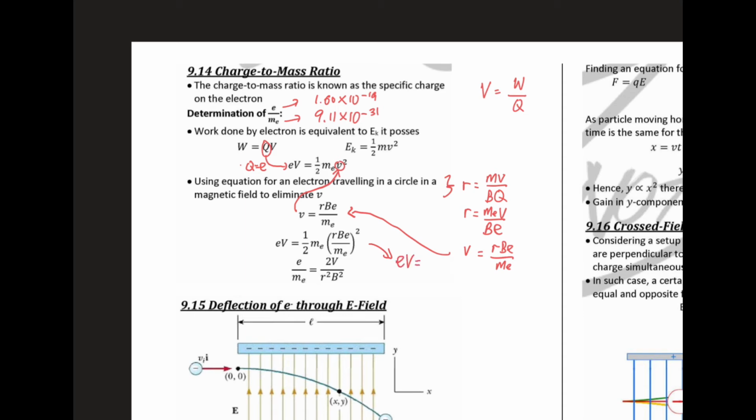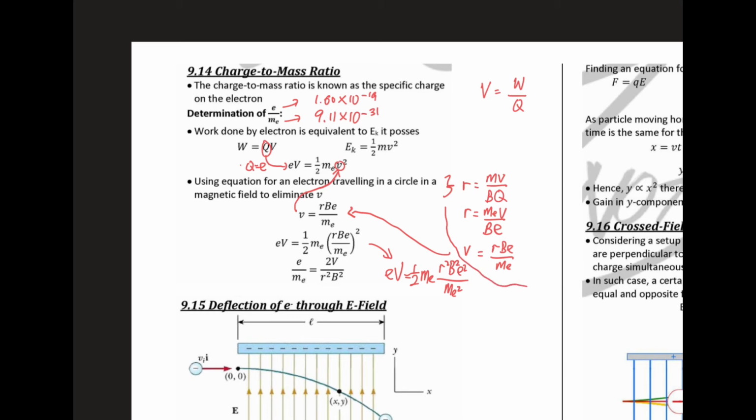eV equals 1 over 2 me r squared b squared e squared over me squared.